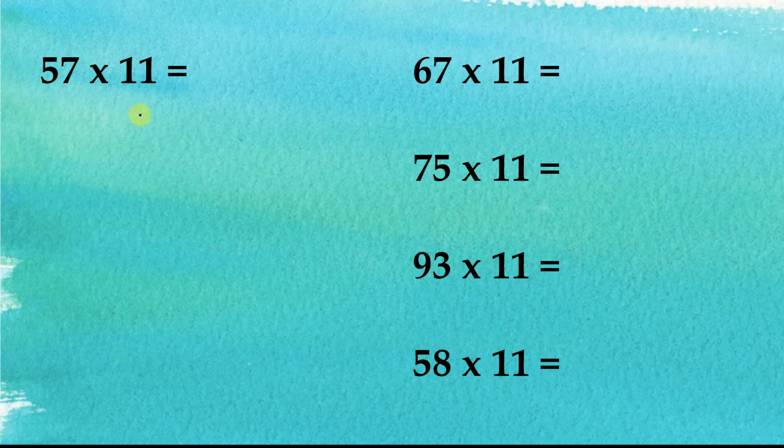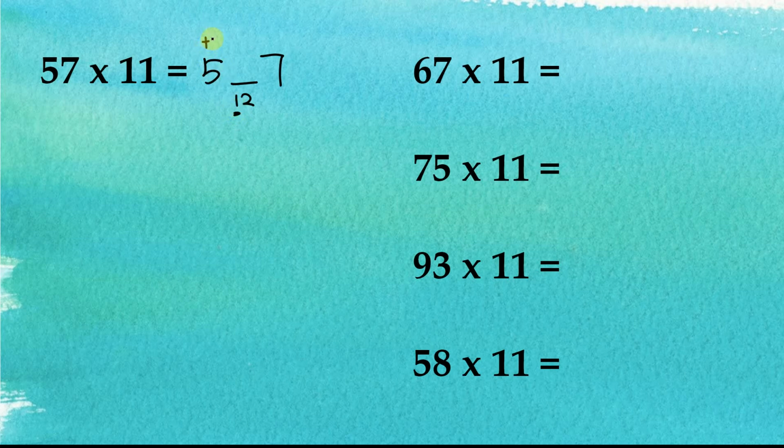57 multiplied by 11. Okay, so the first digit is 5, and the last digit is 7, and the sum is equal to 12. We have only one digit place here, but the sum is equal to 12. So what can we do? Now this 12 actually is 120, so we need to bring forward the 100 to the next digit.